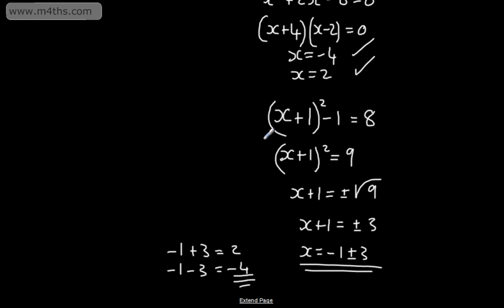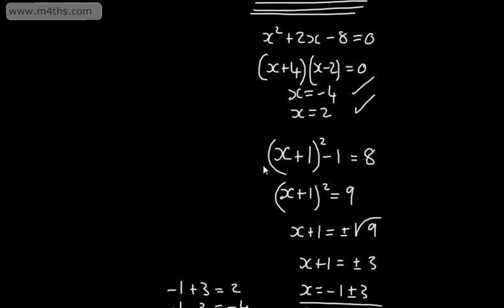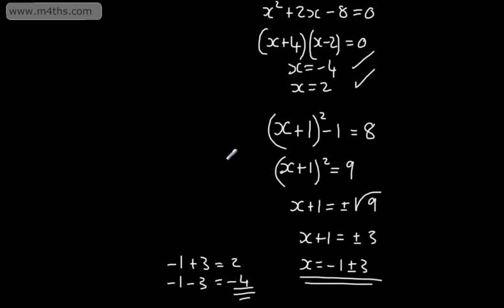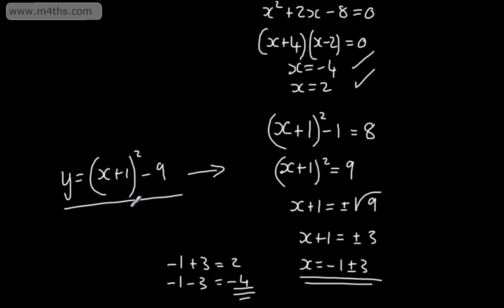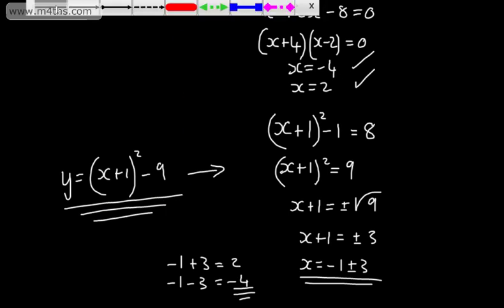So you might say to yourself, well, what's the advantage of completed square form? Well, we can use completed square form, certainly if the quadratic doesn't factor, but also if we picked it up at this stage right here, and we have the graph of y is equal to x plus 1 all squared minus 9, we would have now our graph to draw, and it would be easier because what we would have now is the following.